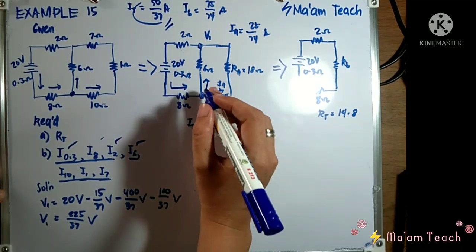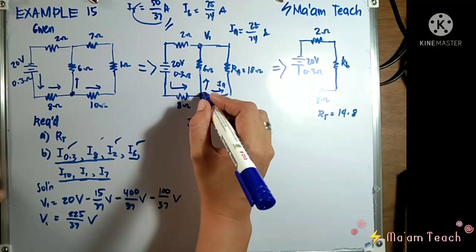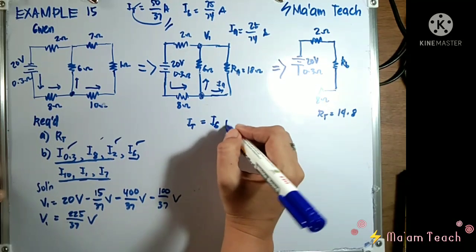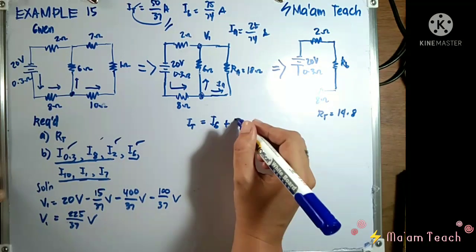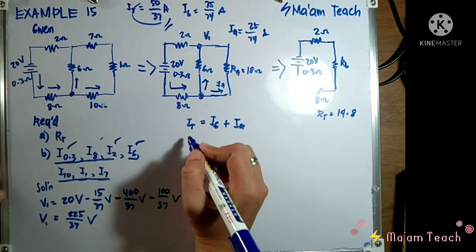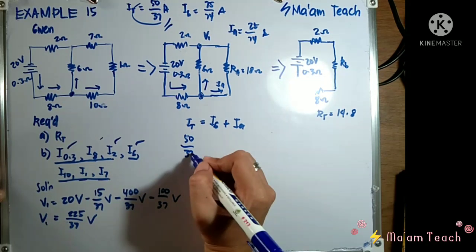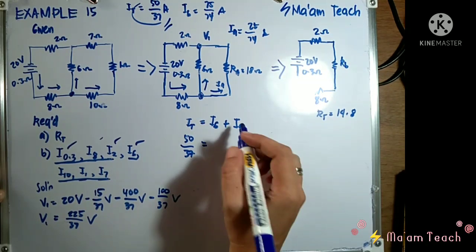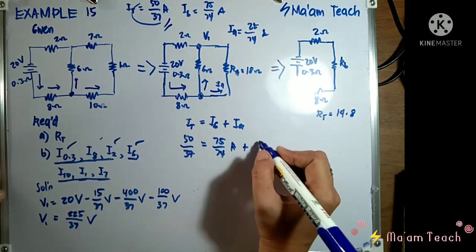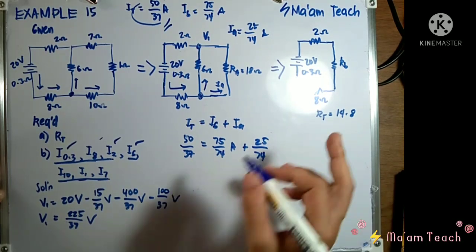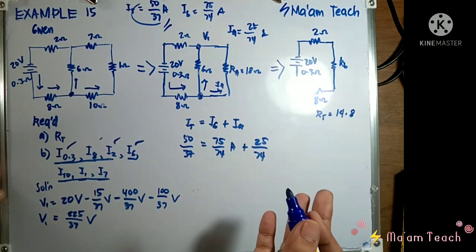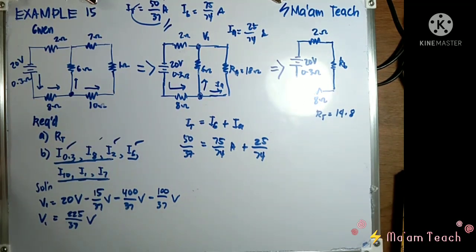Since at this junction the two currents separate, this current I sub 6 will be added to the separated current I sub A. That means the value of I sub t, which is 50 over 37, should equal the sum of I sub 6, which is 75 over 74, plus your I sub A, which is 25 over 74. It should have the same value. Can you follow? So let's check if they will be equal.